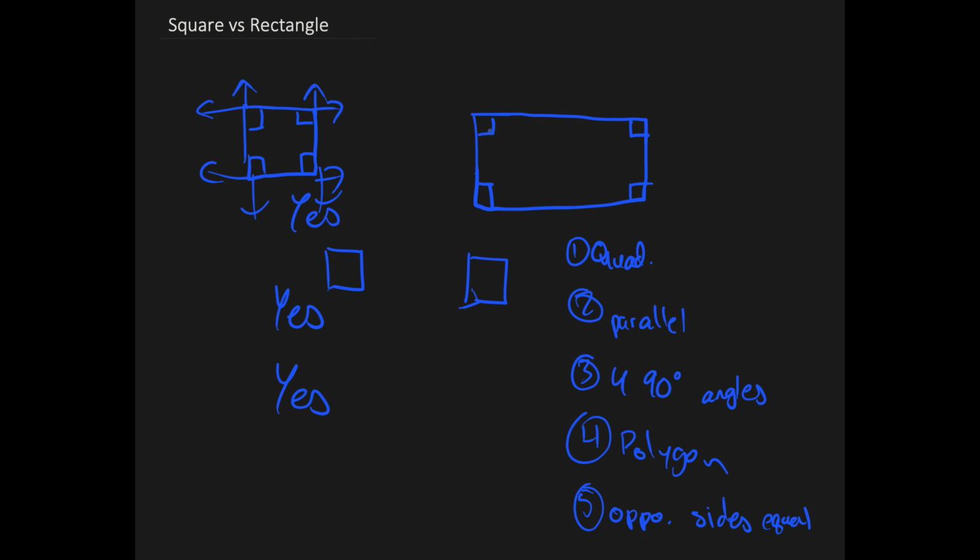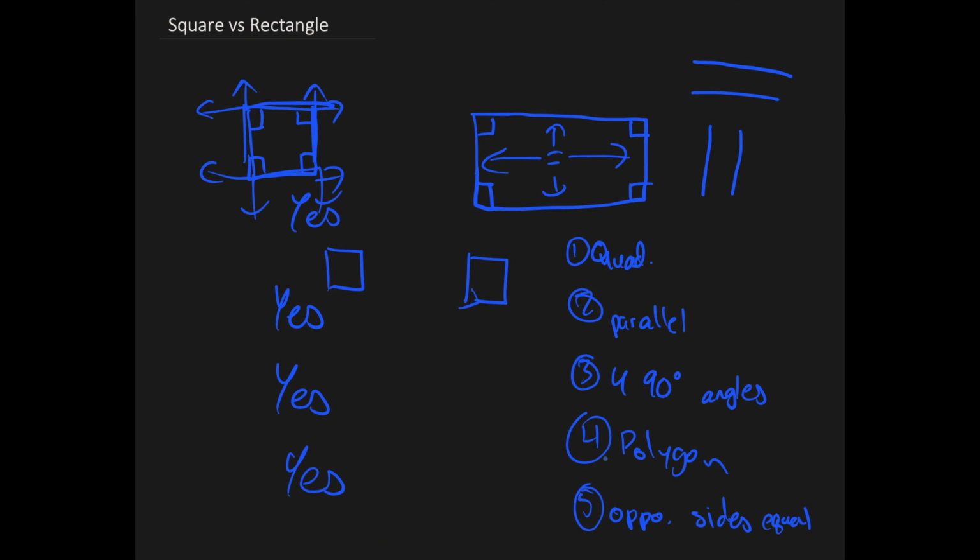If you look at it, this side is equal to this side, so these are both equal. And these sides are both equal. So if you draw them right next to each other, they would be exactly equal. That's not the exact one, but you get what I'm saying. They're both equal. So if you want to be really thorough, you can do that check. Are the opposite sides equal? Those are equal. Those are equal. Yes.